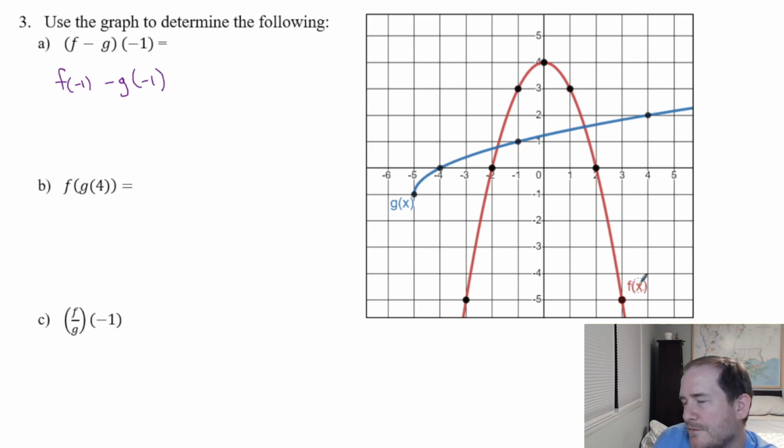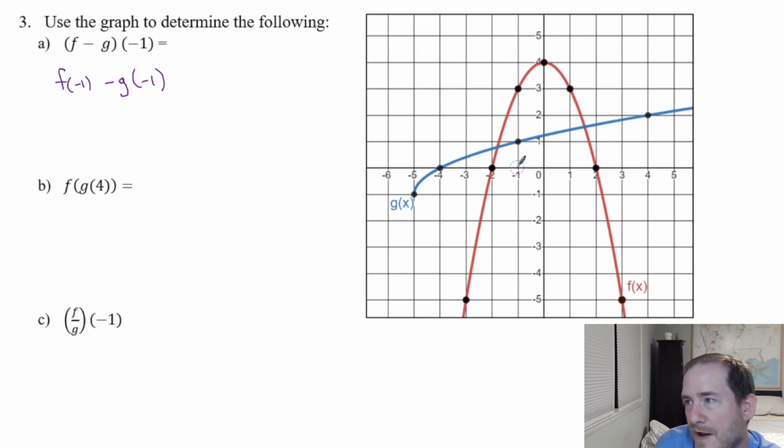So f is the red function. I did not get that backwards, right? So to kids in my class, I might have given you one where these are mislabeled. If it's like that on your paper, scratch it out and fix it, or just adjust in the way you see fit. But f of negative 1 means we're reading the red function.